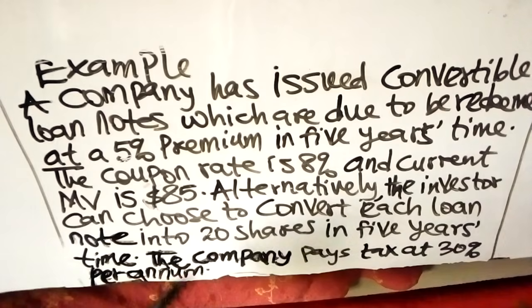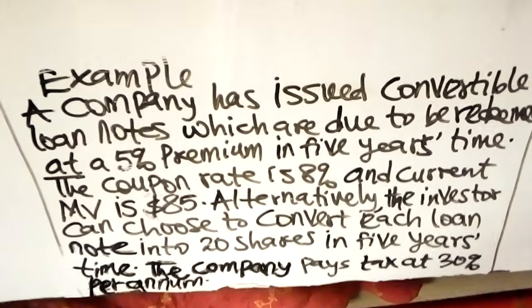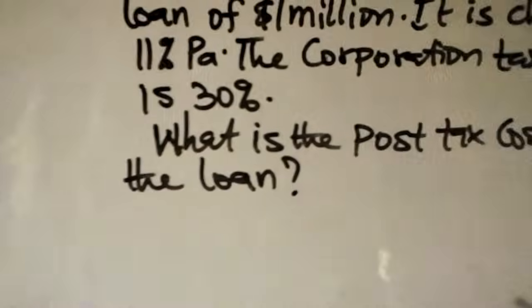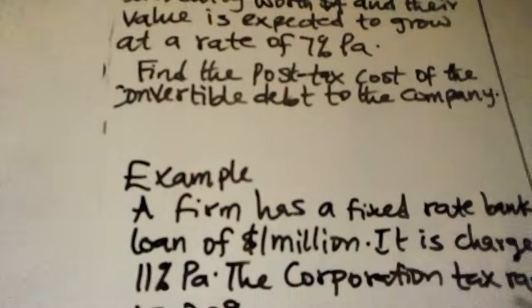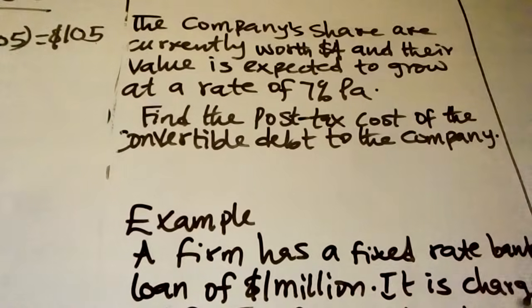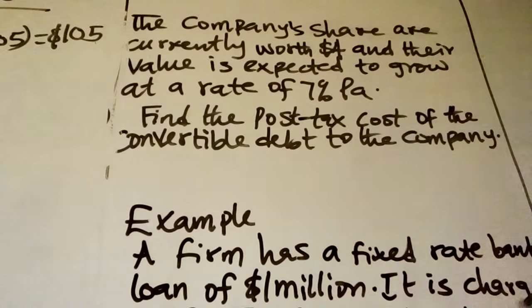So the company pays tax at 30% per annum. Okay, there is an extension of the question. The company shares are currently worth $4, and their value is expected to grow at a rate of 7% per annum.